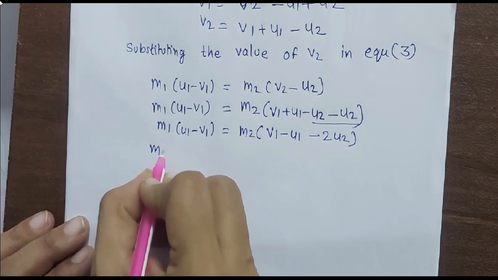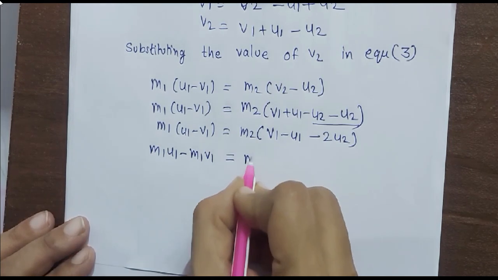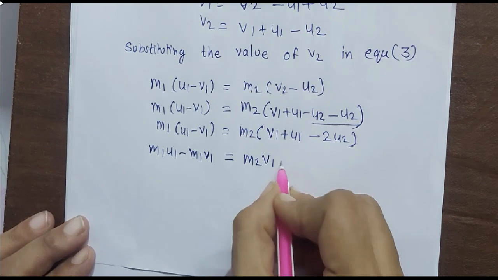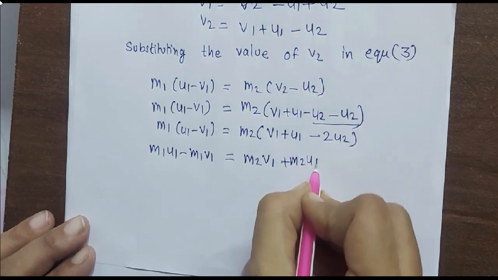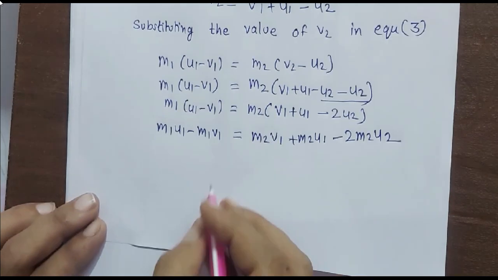So m1 u1 minus m1 v1 is equal to m2 v1 plus m2 u1 minus 2 m2 u2.